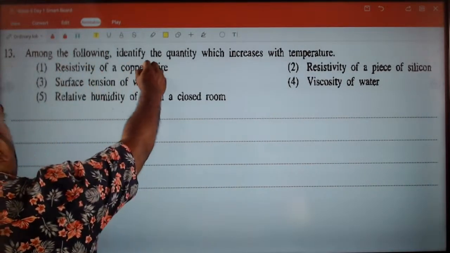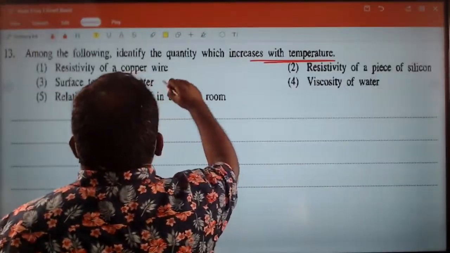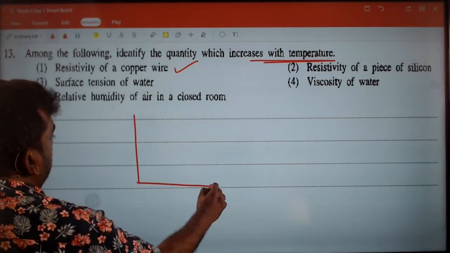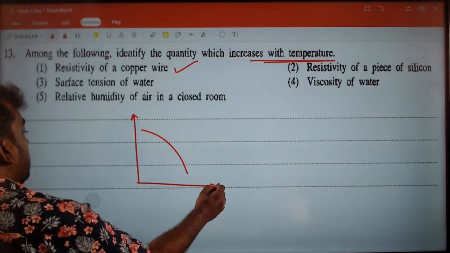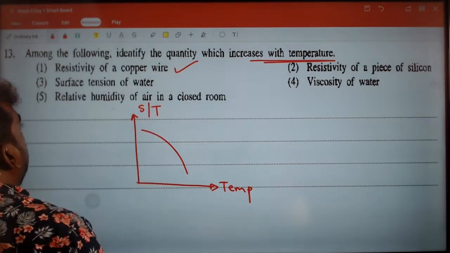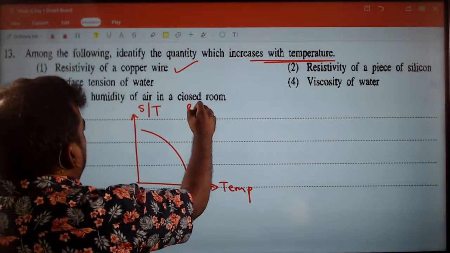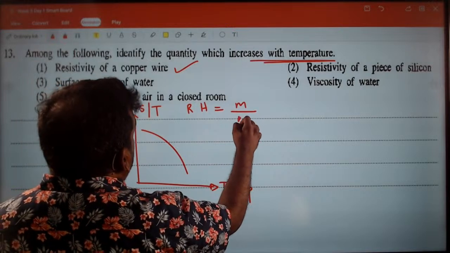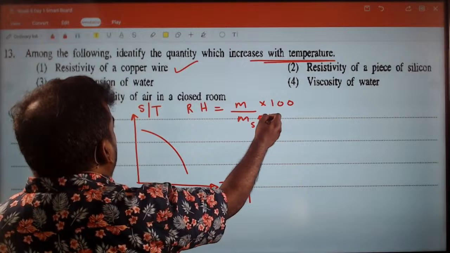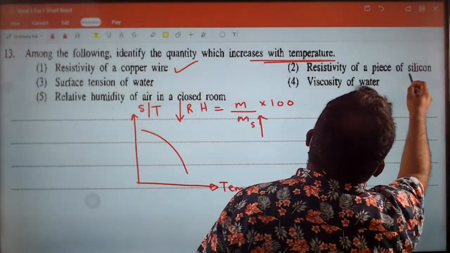Among the following, identify the quantity which increases with temperature. Surface tension reduces with temperature. Relative humidity of a closed room, RH equals M over Ms: when temperature increases, Ms increases, RH reduces. Resistivity of a piece of silicon, be careful.